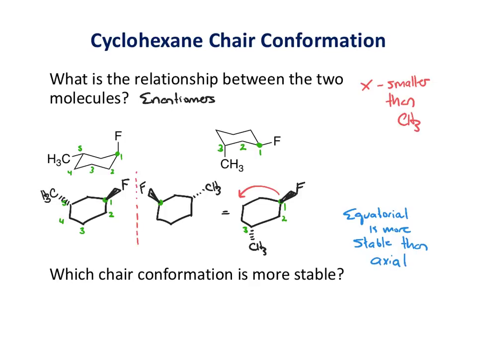So it's best to have the bigger group equatorial if possible, so the first chair is the most stable.